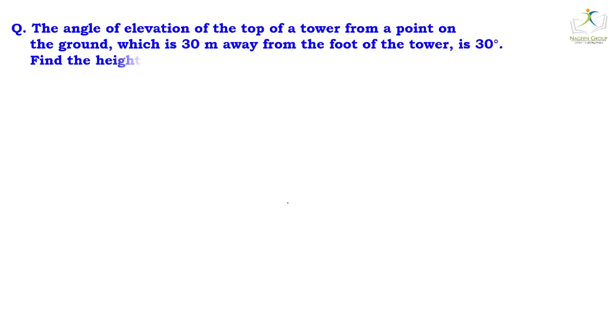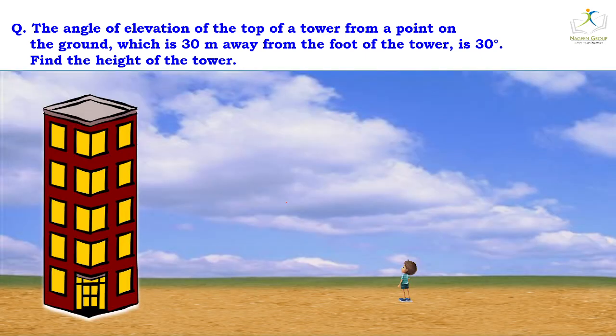Now next is: the angle of elevation of the top of a tower from a point on the ground, which is 30 meter away from the foot of the tower, is 30 degree. Find the height of the tower. What is given here? The angle of elevation of the top of the tower means आप यहाँ पर नीचे खड़े हैं, we consider ourselves as a point object.